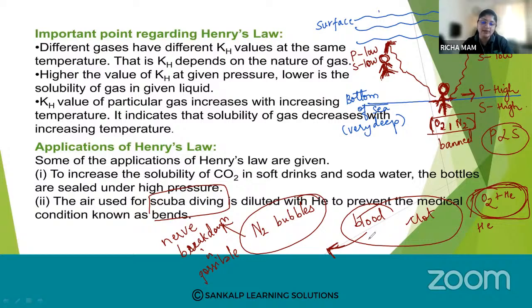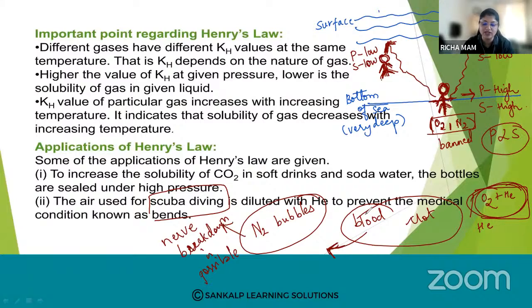The deep sea divers breathe under high pressure underwater. At high pressure, the solubility of the gas in blood increases, but when they come towards the surface, the pressure will decrease, and the dissolved gases come out in the form of bubbles. This will block the capillaries.